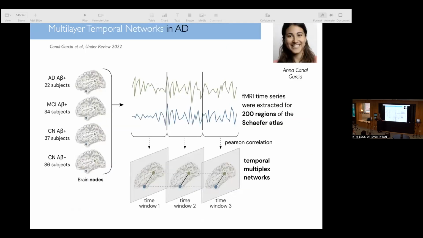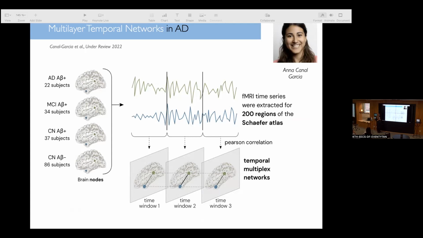In another study, Anna built a multi-layer network, not composed of different imaging modalities, but composed of different time windows within the whole resting state fMRI scan.